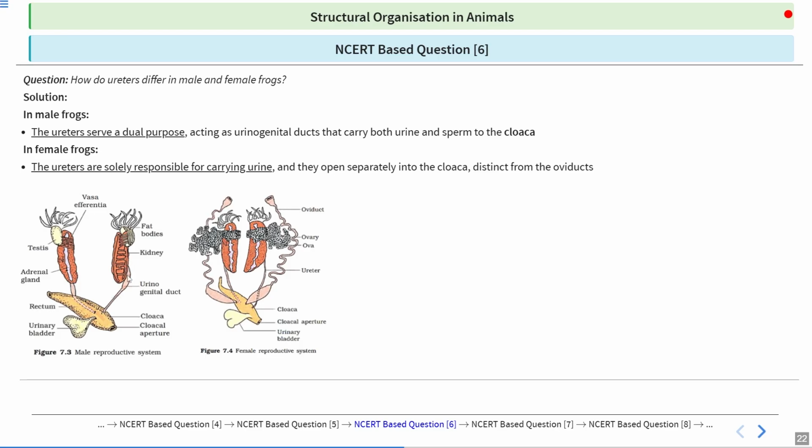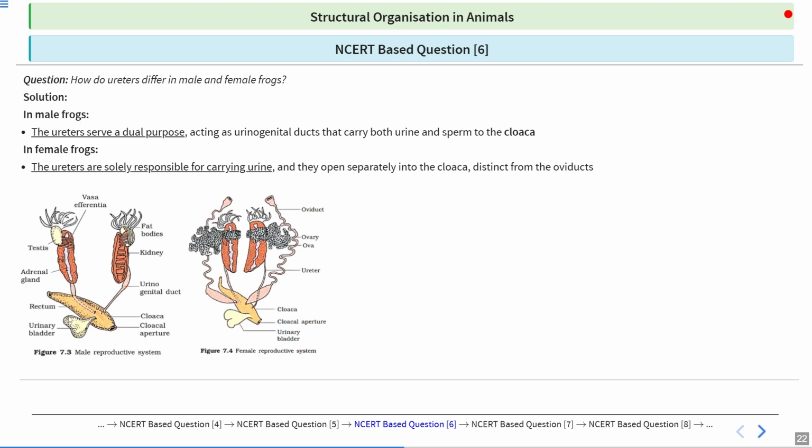Yes, this is the passage for the testes, where the sperms are produced. Now, kidney. Inside the kidney, whatever nitrogenous waste substances there are are filtered out and they pass through this ureter only.